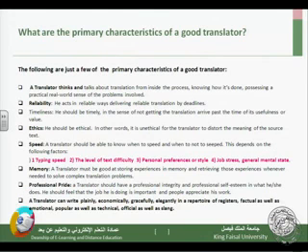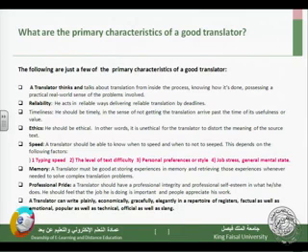Now, this is a very important point which everybody would like to have, or to be characterized by, or to be called a good translator. Now, what are the main characteristics of a good translator?